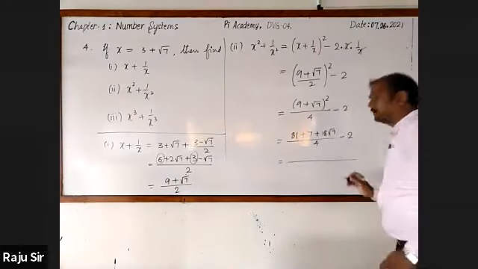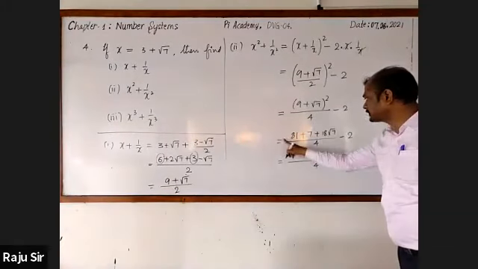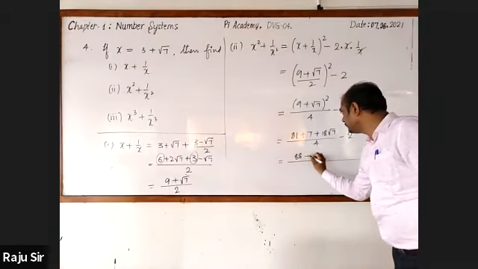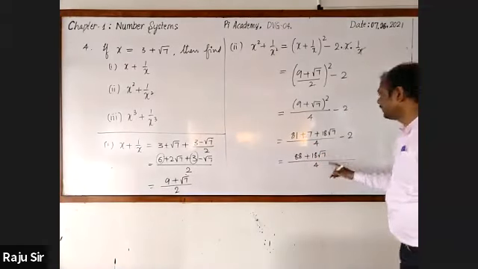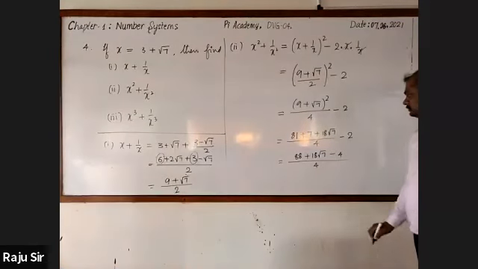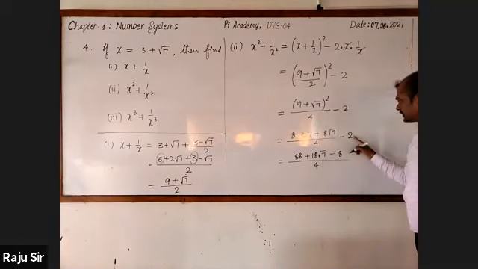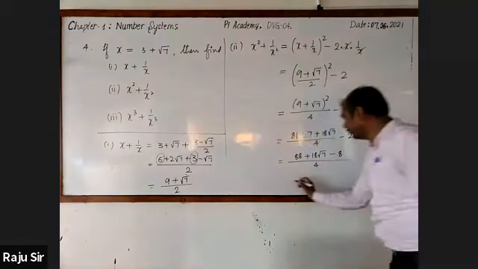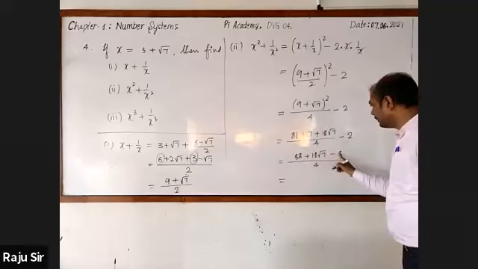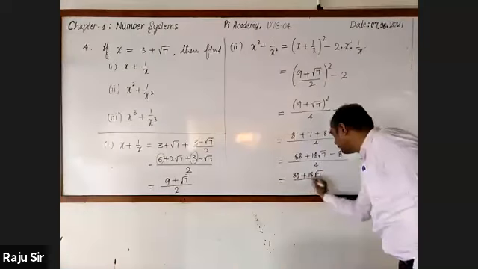Take LCM. LCM is 4. Multiply LCM with the first term. 4, 4 get cancelled. Now directly I write 81 plus 7, it is 88 plus 18 root 7. Multiply LCM 4 with the second term. 2 4s are 8. This is equal to 88 minus 8 is 80 plus 18 into root 7 by 4.